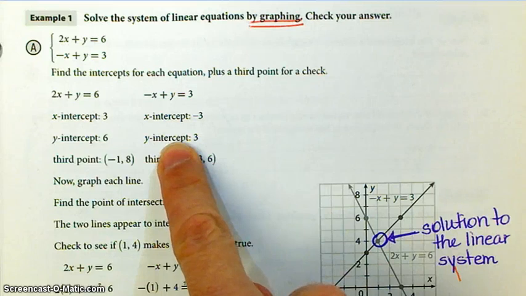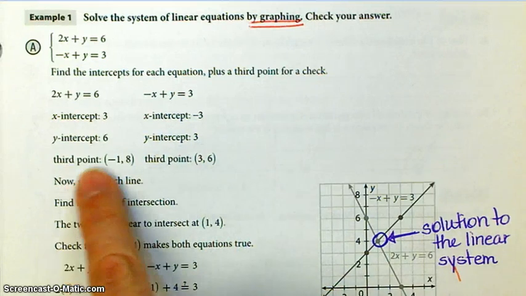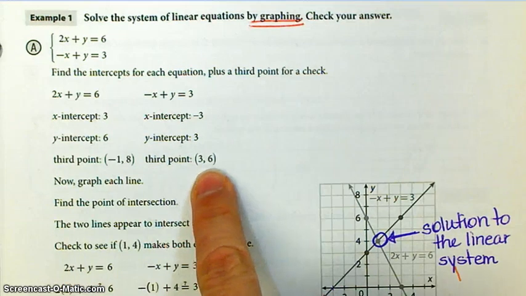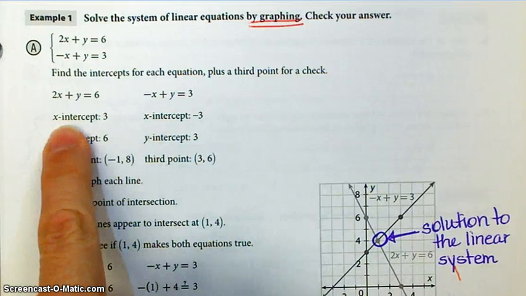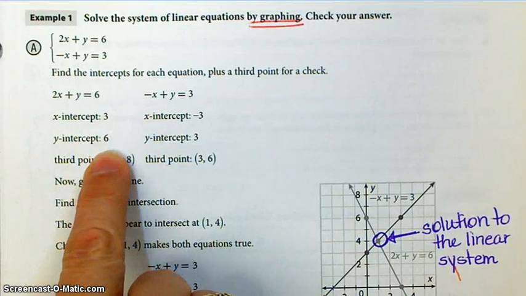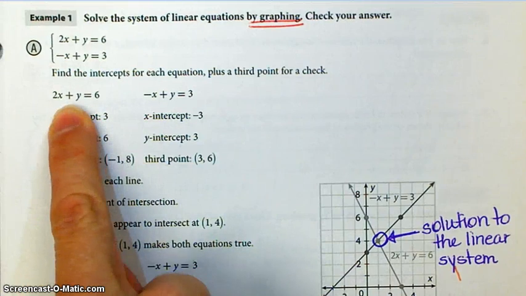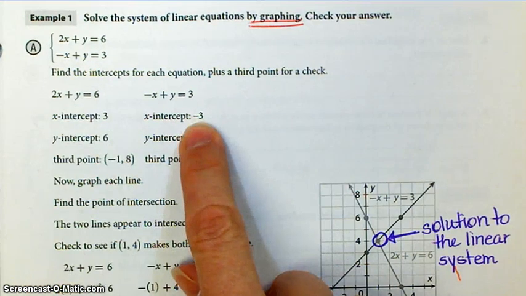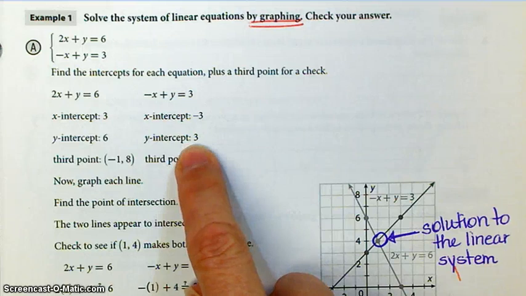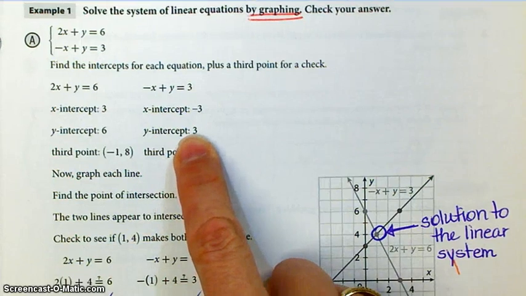I'm not real sure what they want you to do here, but the point is you have 3, 0 and 0, 6. That's 2 points. That's enough to graph this line. You have -3, 0 and 0, 3. That's enough to graph this line.